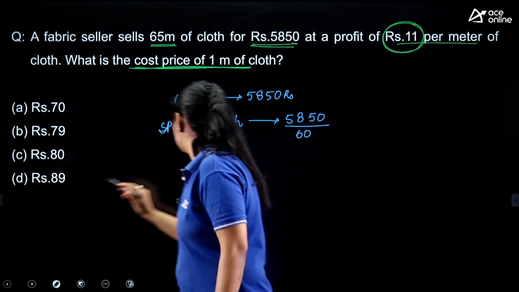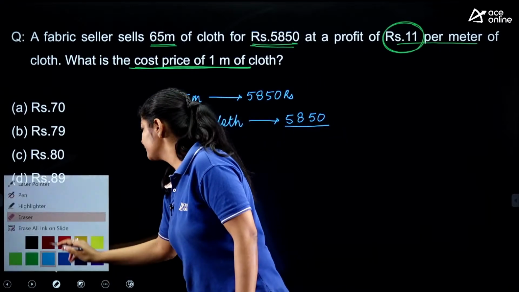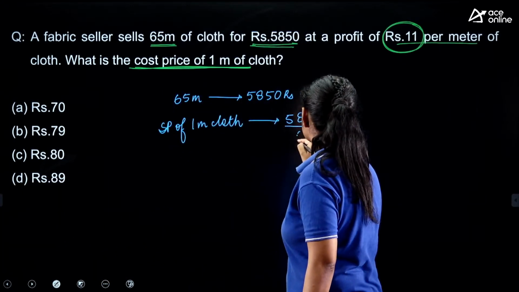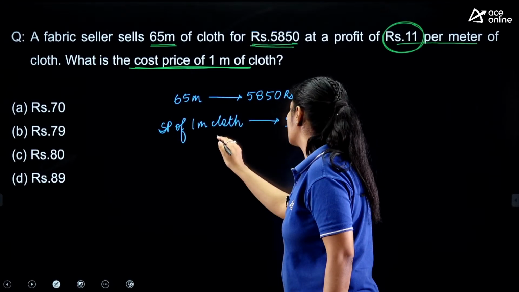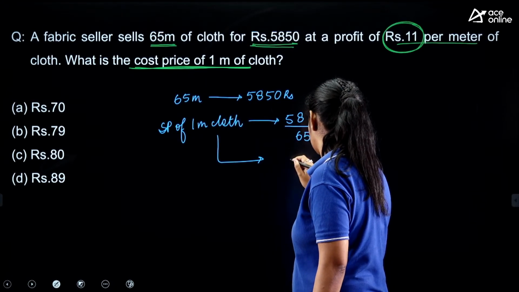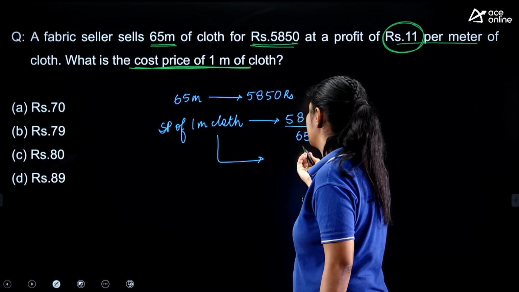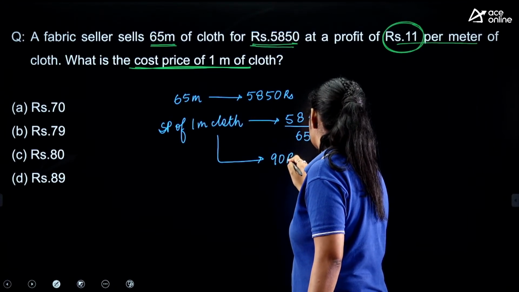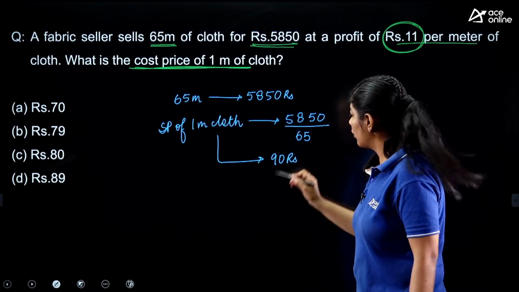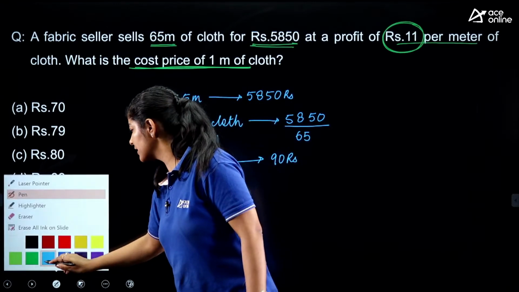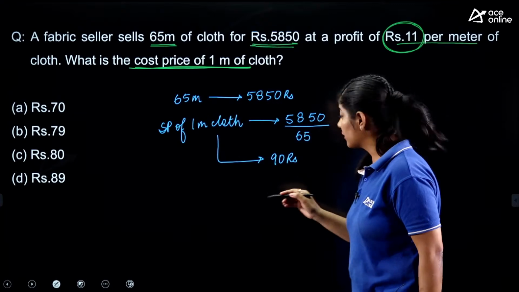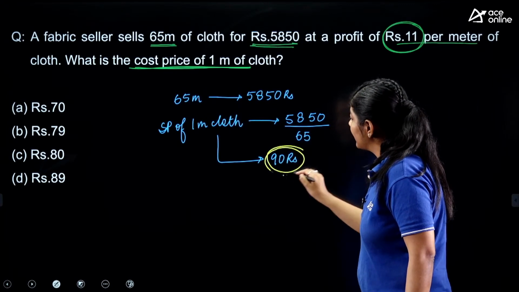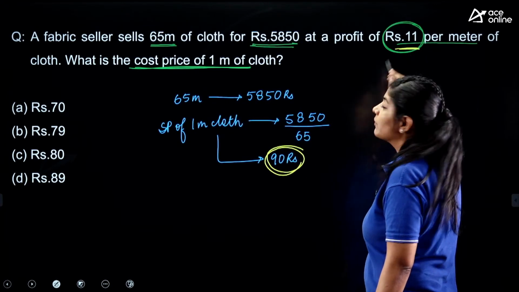The value we got here is 90 rupees. But the question says that on this 90 rupees, which is the selling price of 1 meter of cloth, there is a profit of 11 rupees.